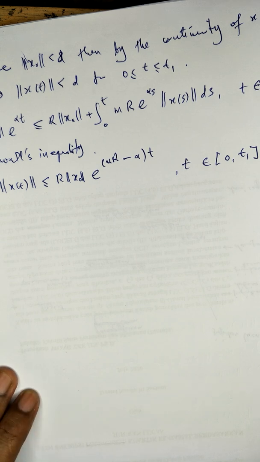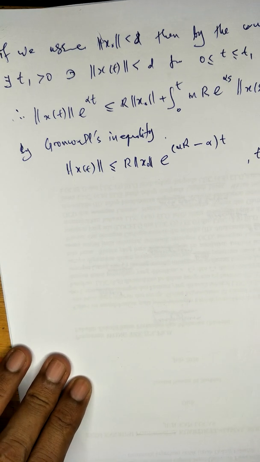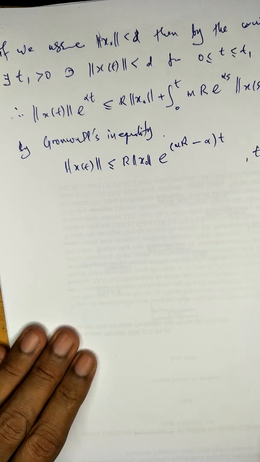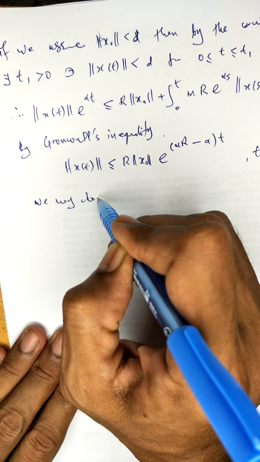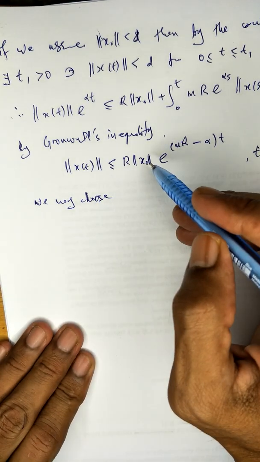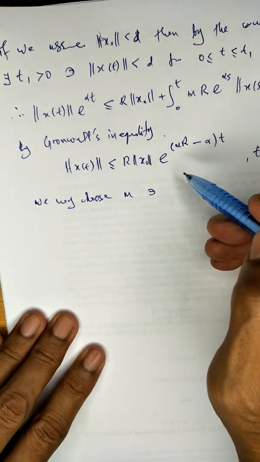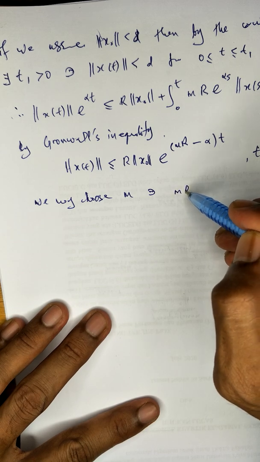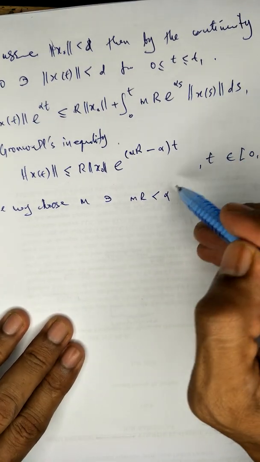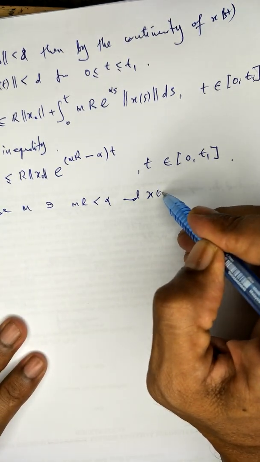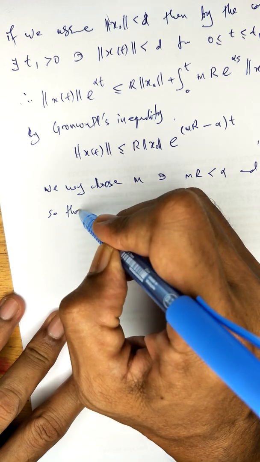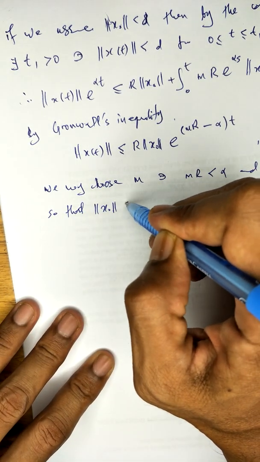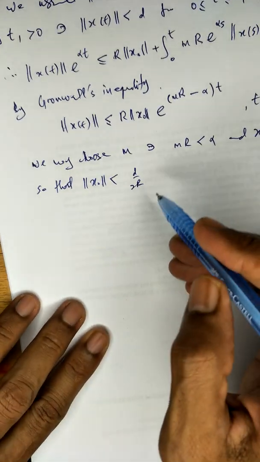So what we are looking for is to show that the norm of x is less than some number. For that we may choose m such that m r is less than alpha, and x(t0), this is x naught, so that the norm of x naught is less than d over 2r.